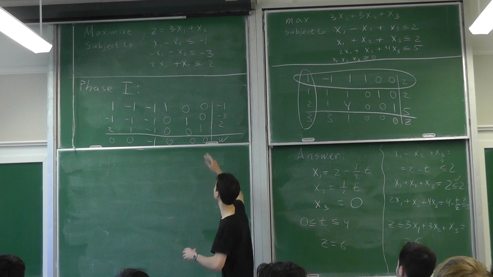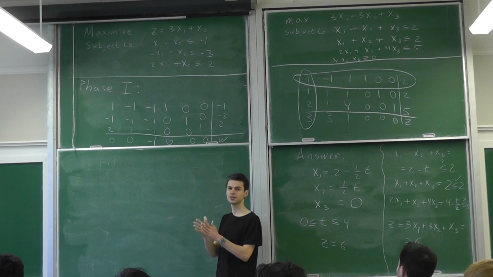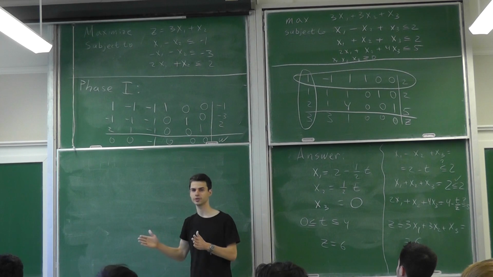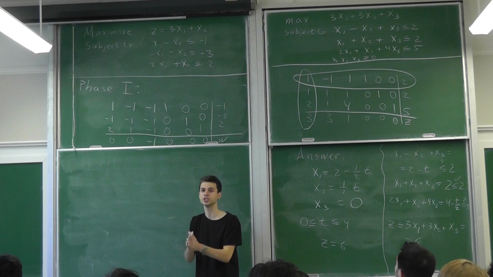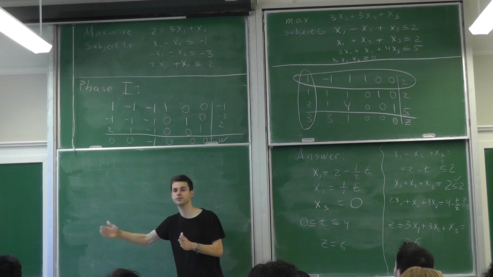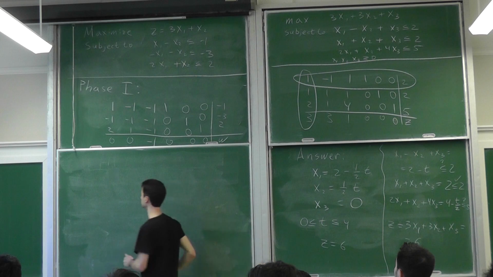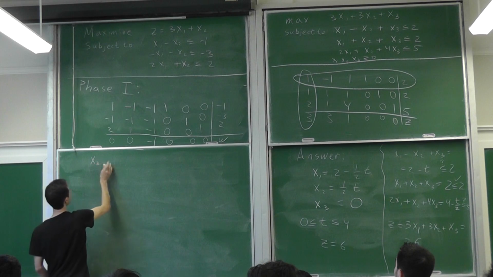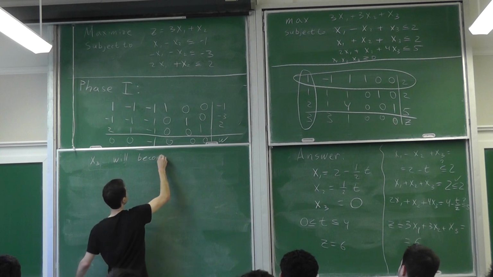Basically, if we are trying to make these constraints satisfied, we'll relax them by a big enough amount. So we'll increase x3, the amount by which we relax each of these constraints, from 0 to just enough for each one of these constraints to be satisfied. So x3 will become basic.